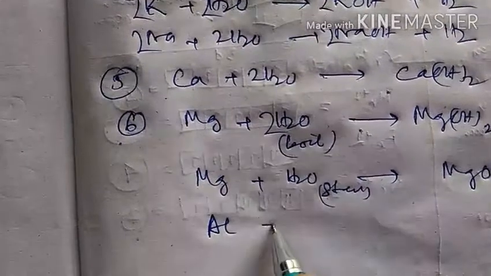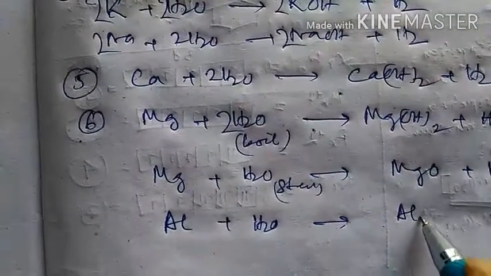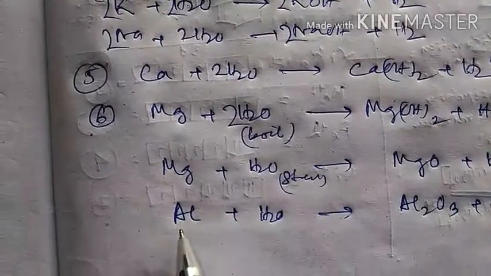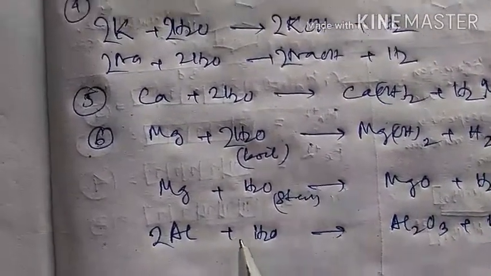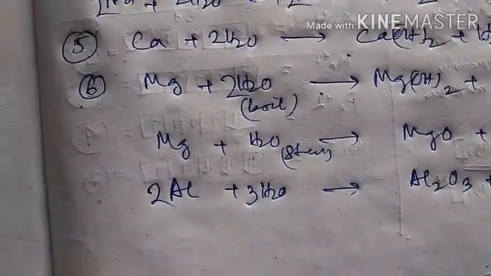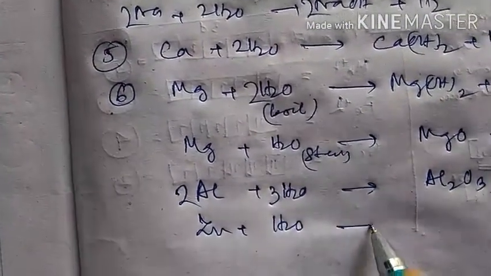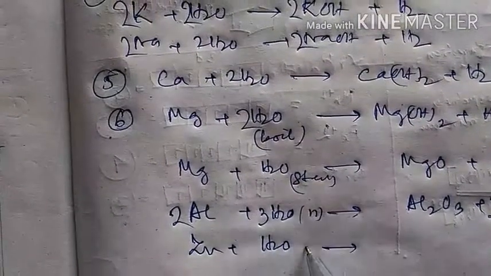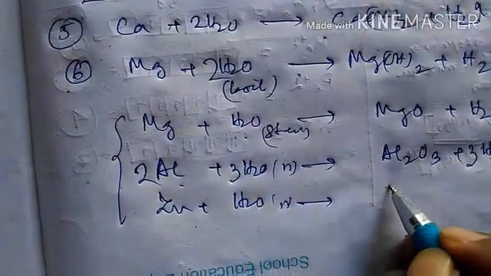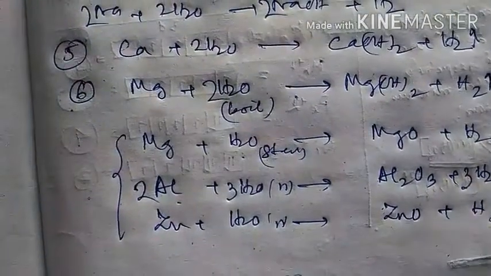Similarly, aluminium also reacts with steam to form aluminium oxide and hydrogen gas. All the reactions should be balanced, students, because without balancing you are not going to get any marks. Remember it. Magnesium, aluminium, zinc, these are all steam conditions. Zinc in presence of steam produces zinc oxide and hydrogen.